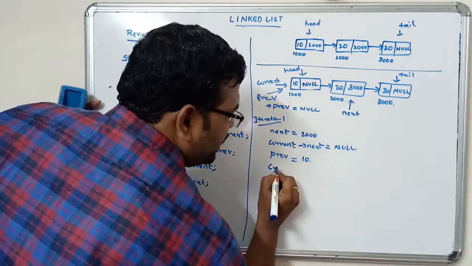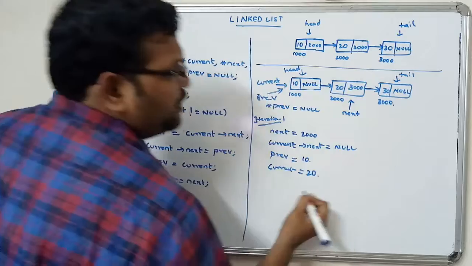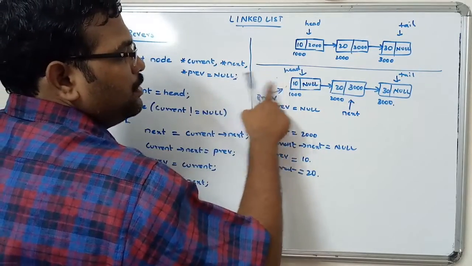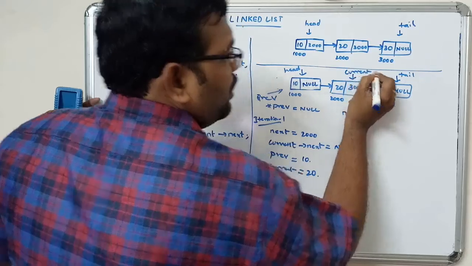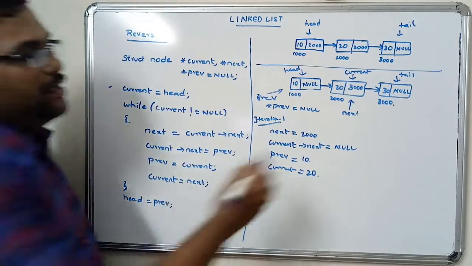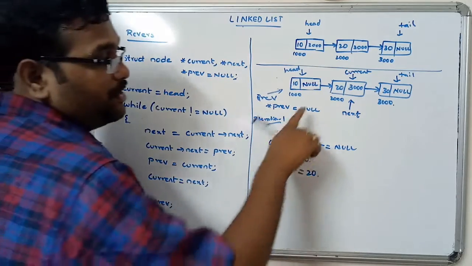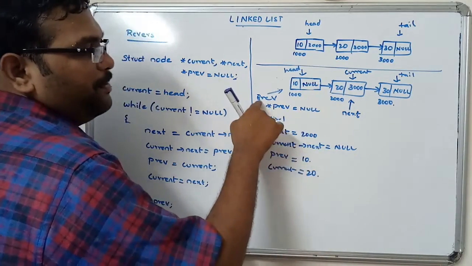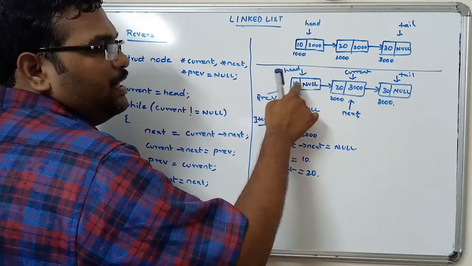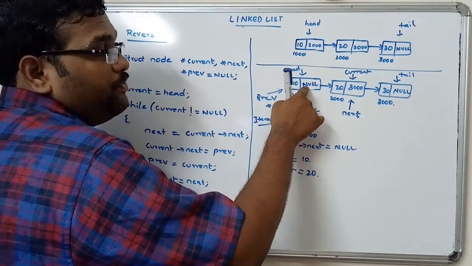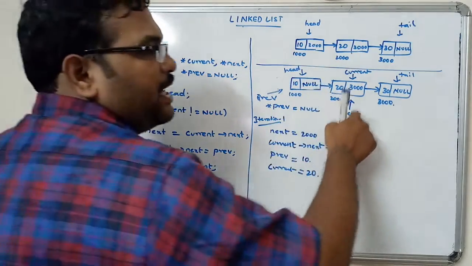Current is equal to next means the 20 element, so this is current. Right. So after the first iteration, the previous value is assigned to 10. The 10 element's address field is assigned with null, and the second element is assigned with next and current.